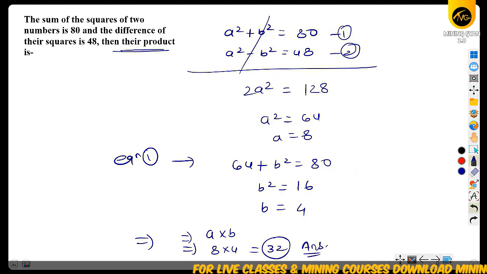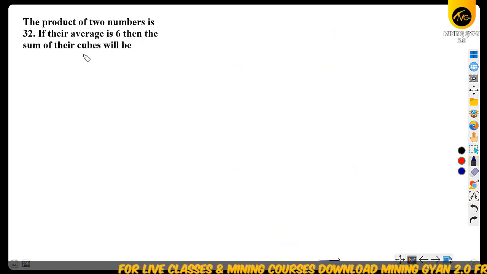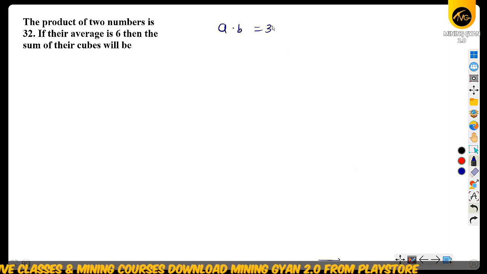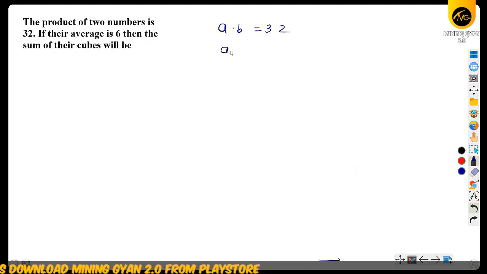Okay, last question: the product of two numbers is 32. If their average is 6, then the sum of their cubes will be. The product of two numbers A into B is equal to 32. If their average is 6, average means A plus B divided by 2. This is the basic formula of average.